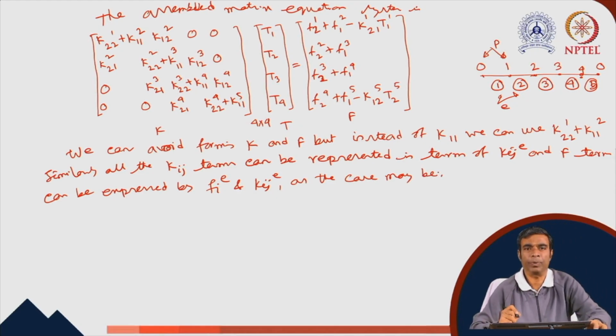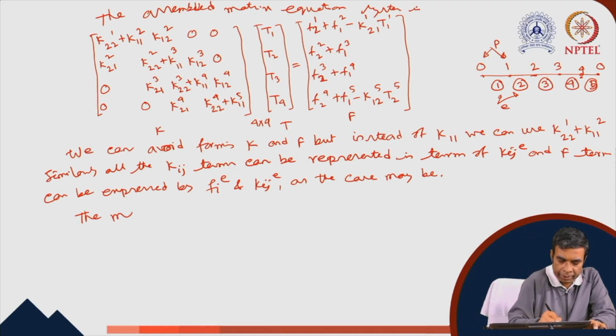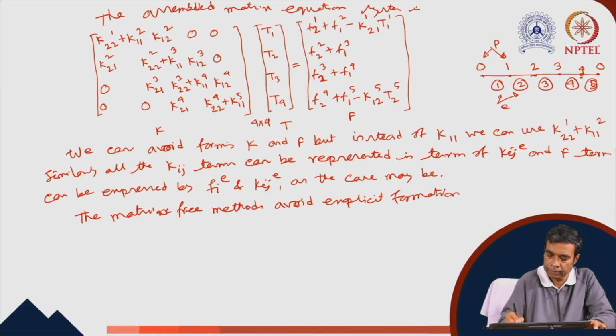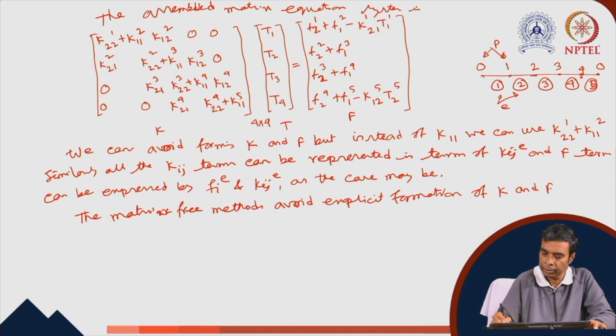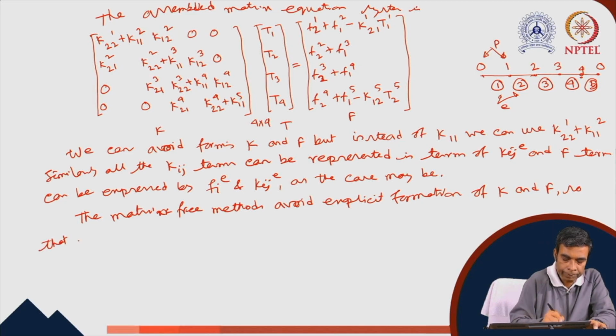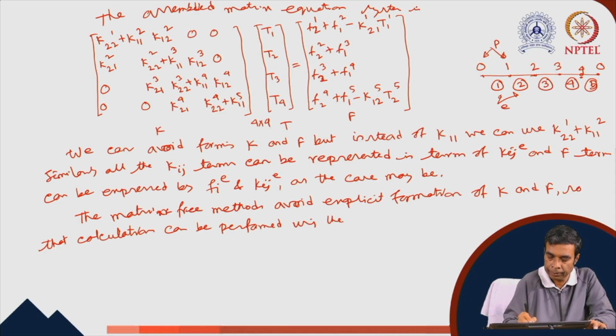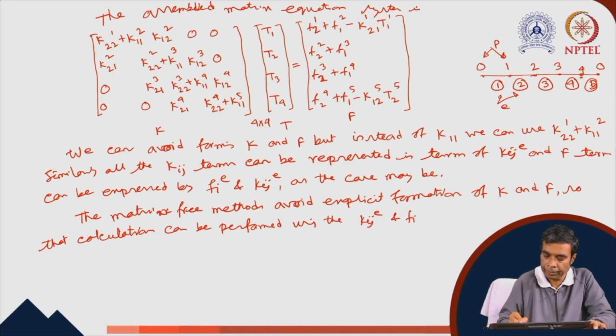It means that the concept of matrix-free method avoids explicit construction of the global matrix equation system, so that there is no storage requirement for the capital F and capital K. The matrix-free methods avoid explicit formation of K and F so that calculations can be performed using the Kije and Fie data.